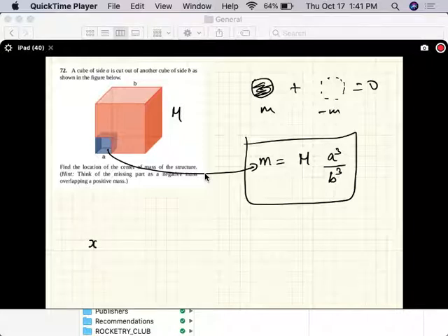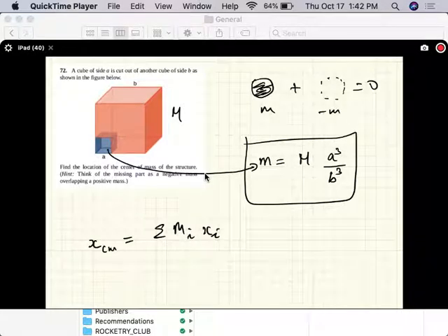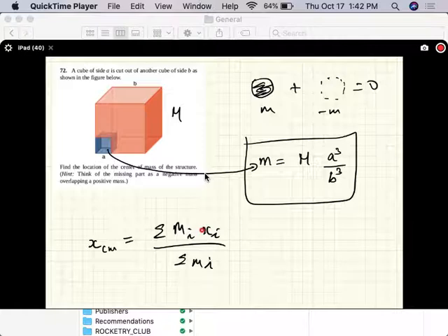So here's the formula for the center of mass. If you have several objects, the center of mass is the sum of each object's mass times the x-coordinate of the center of mass of that object, divided by the total mass.